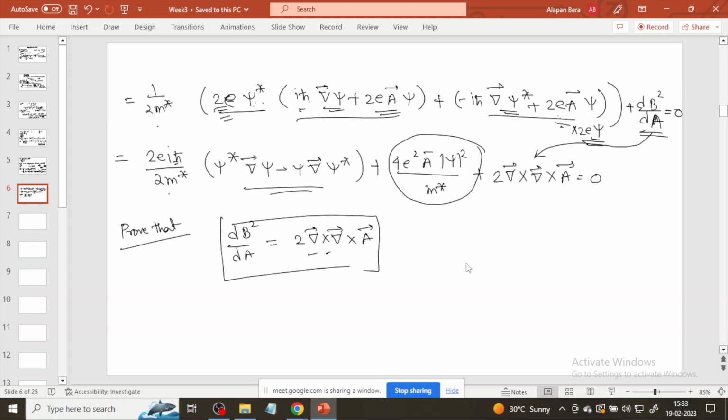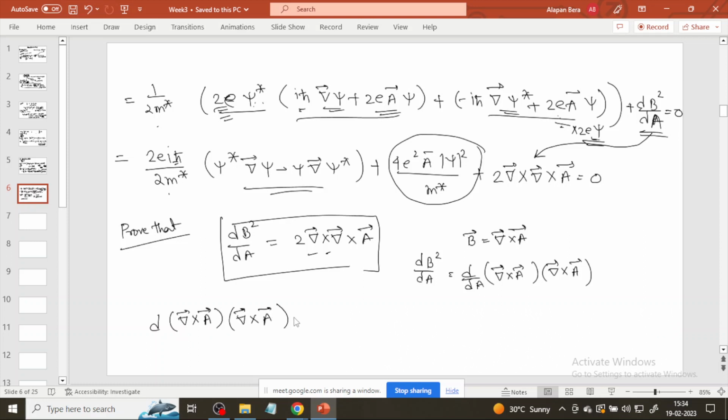B can be written as curl of A. Then B square by dA can be written as d by dA of curl of A dot curl of A. Now we calculate this term. What is d of curl of A times curl of A?